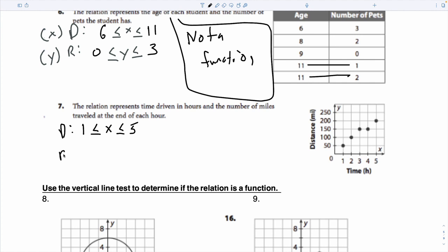And what's the range? Close. What's one blunder that I'm going to find with this answer? It's y. Okay. I'm going to give you a half a point.